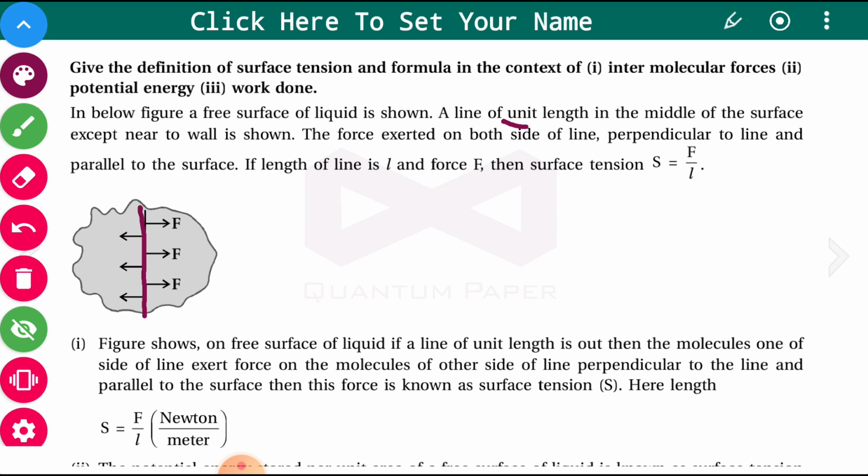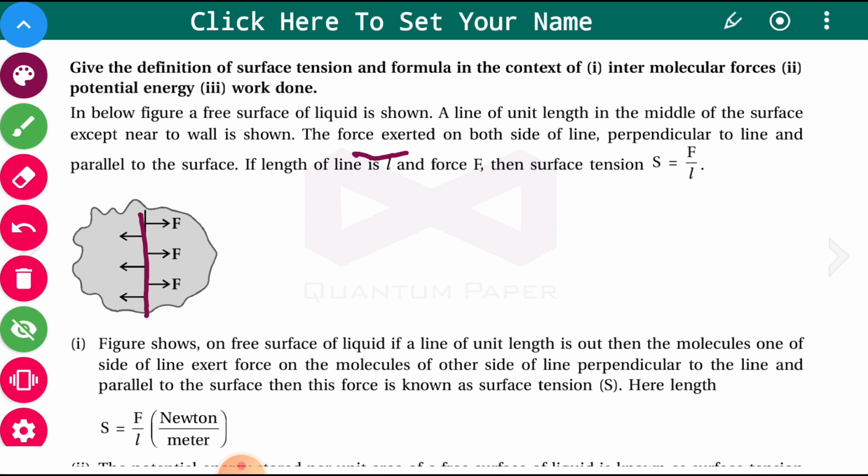Its length is 1 unit, in the middle of the surface, except near the wall. So this line is drawn in the middle of the liquid surface, not here or here.